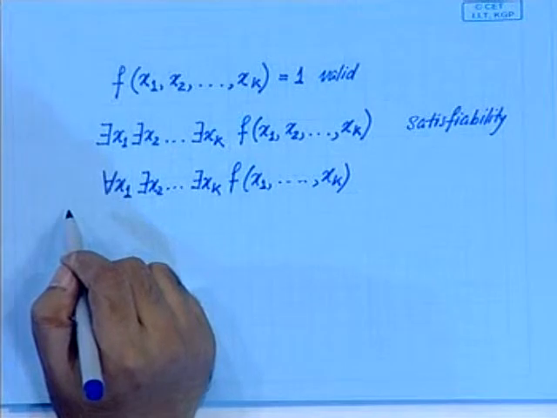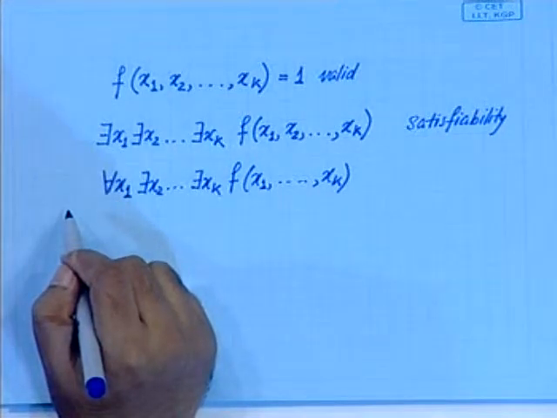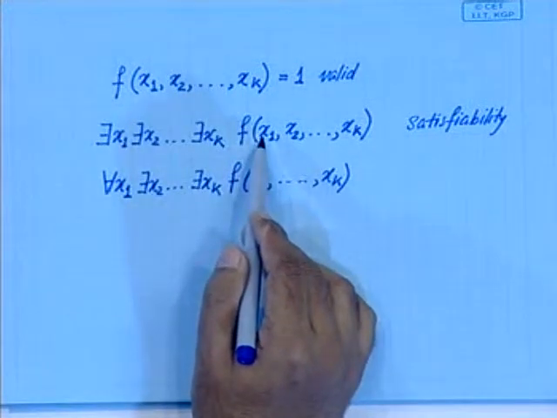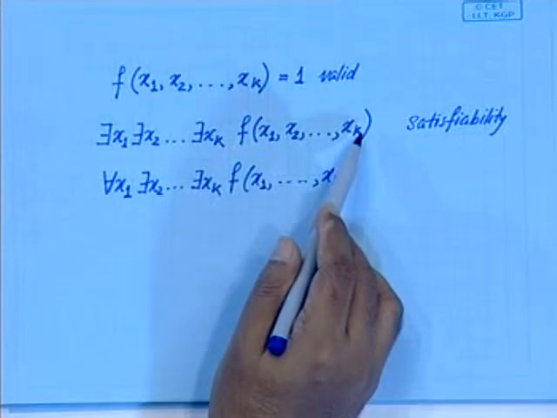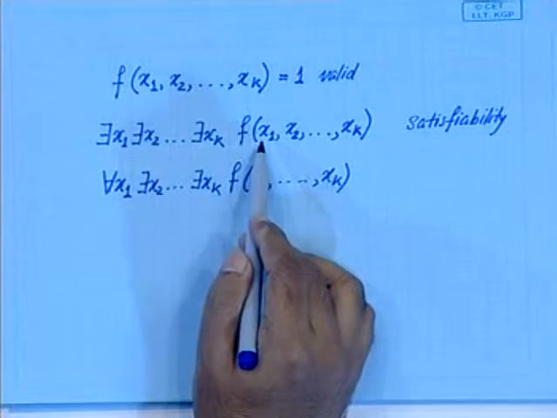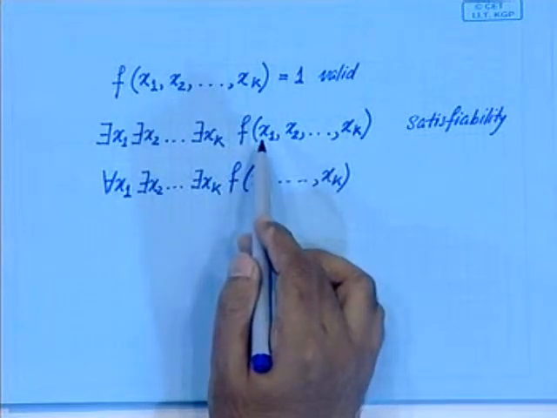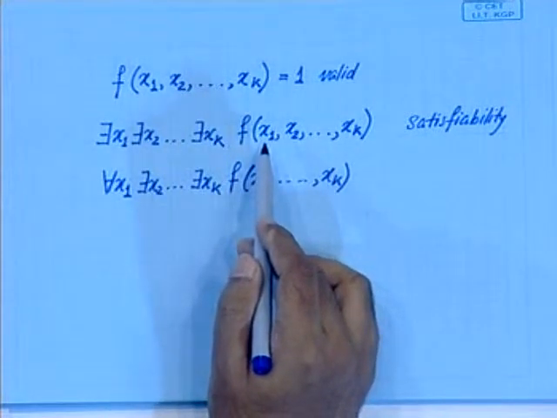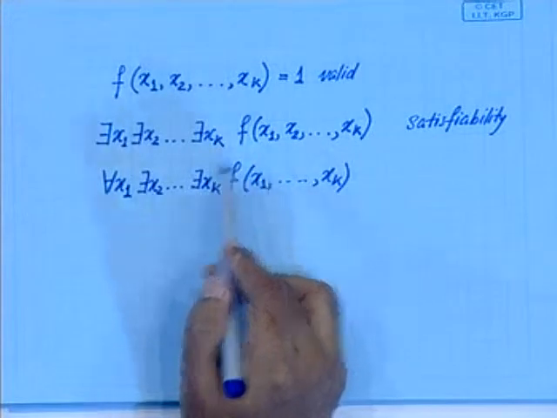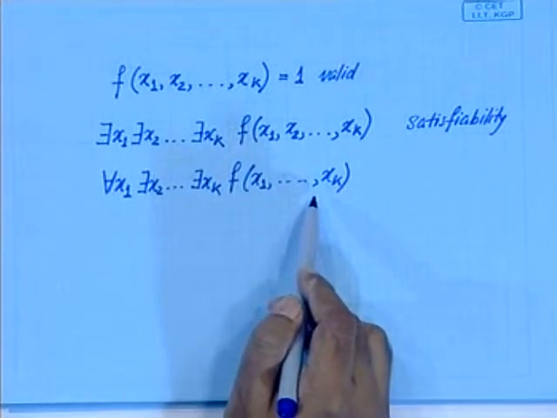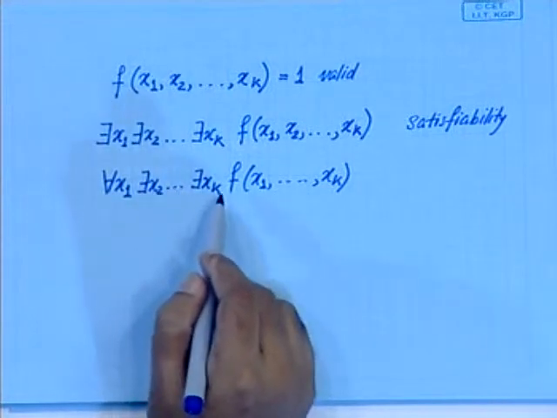No. No, because it could be the case that for this function you can only satisfy it by setting x1 equal to 1. It may be the case that every satisfying valuation of x1 through xk must have x1 equal to 1, in which case the second one will fail, right. So, this is quantification.